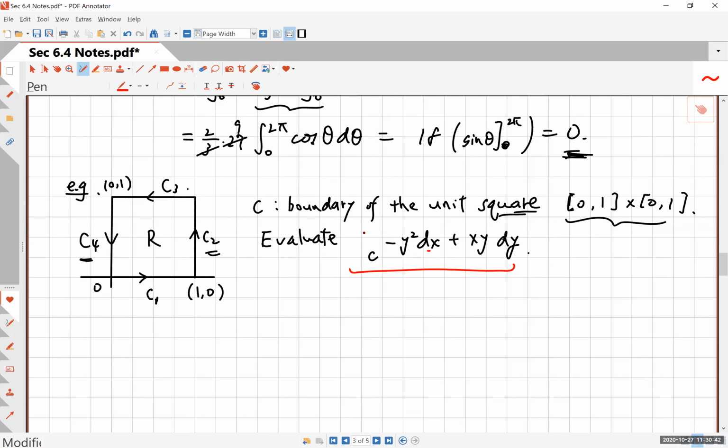Many times, if the curve is a closed curve, and if it bounds a region R, the authors use not just the integral symbol, but a little circle to show you that this integral is along a closed boundary curve. So don't be scared of this little circle on top of the integral symbol, because it really doesn't mean anything except to emphasize that the curve C is closed.